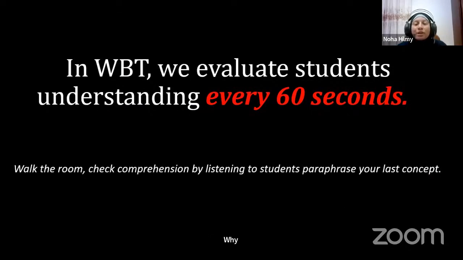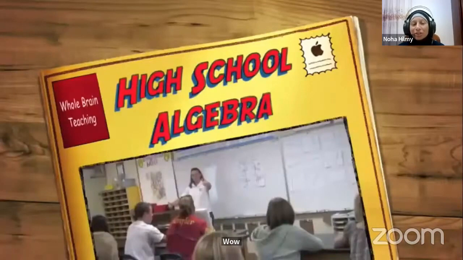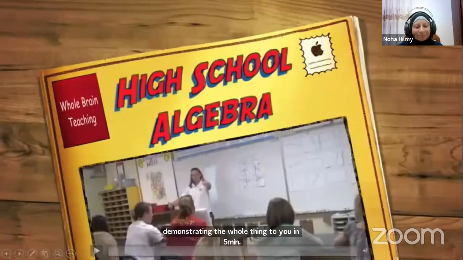Because you're evaluating your students' understanding every 60 seconds. Wow. Now, I'm going to turn on a video of an algebra teacher demonstrating the whole thing to you in 5 minutes. Okay, let's watch it together.